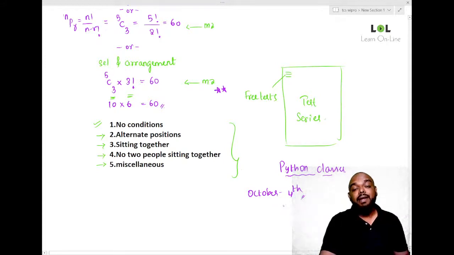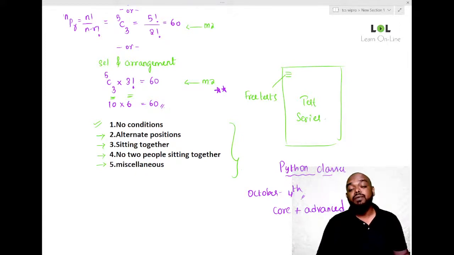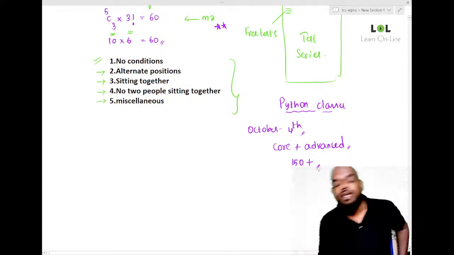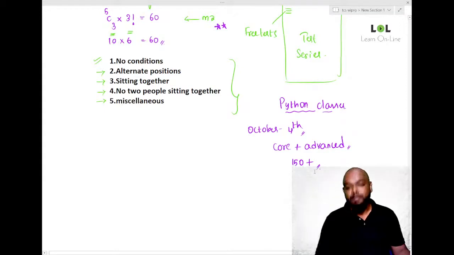Basically both are same. Everything is Python itself, except frameworks. So we will cover entire Python, guys. I will try to cover in 150 hours, but I'm not sure whether we can do it in 150 hours. Usually it takes more than 150 hours, people. So that's why I told you 150 plus hours.